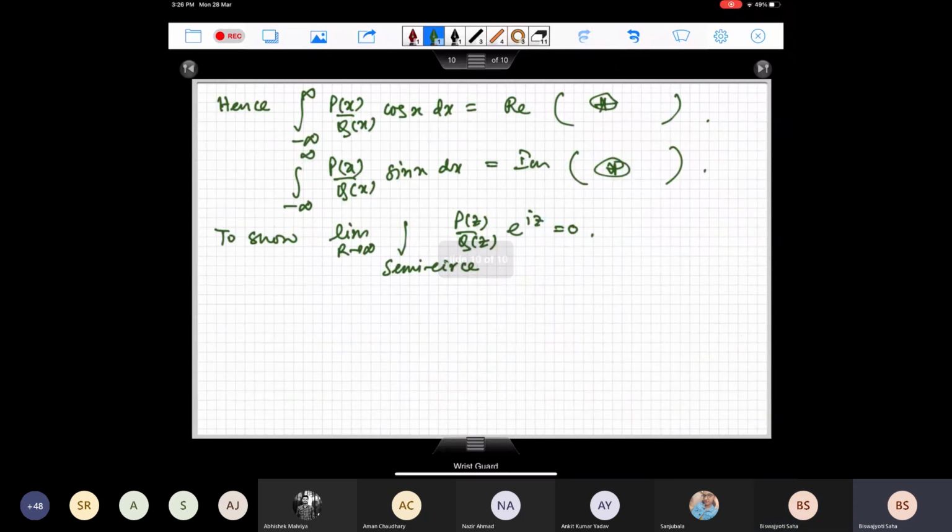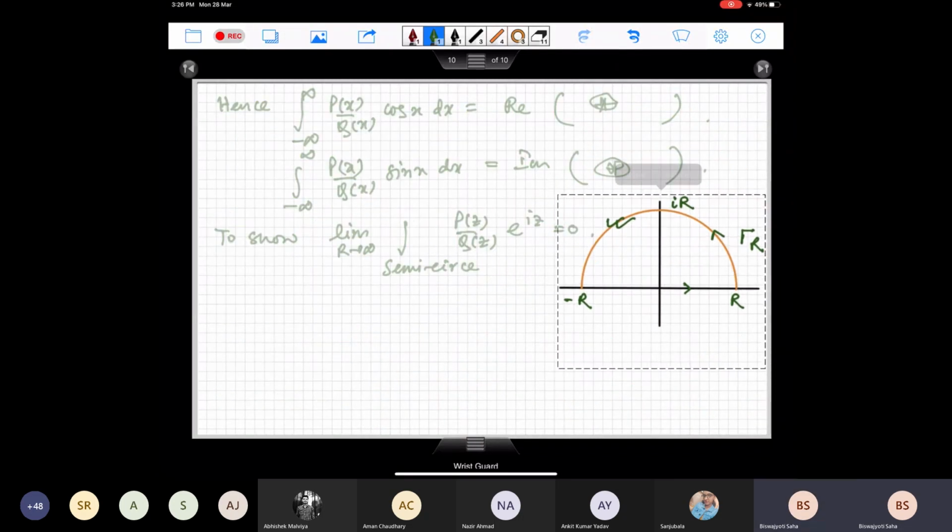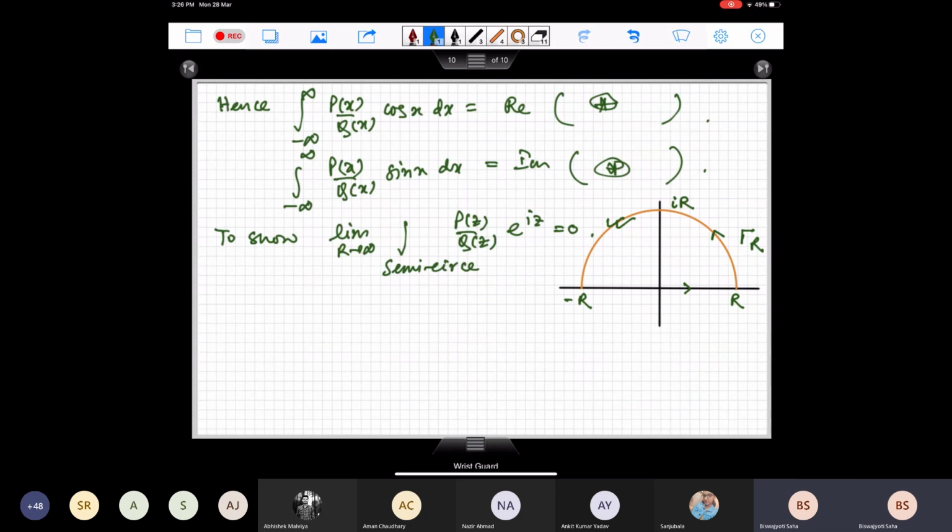Okay, this is the picture, and notice over here that I introduce some real number h. So I am going to cut my contour into two parts.